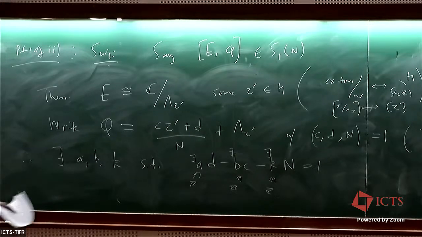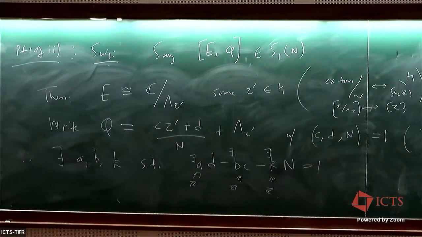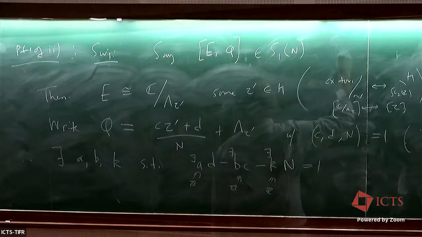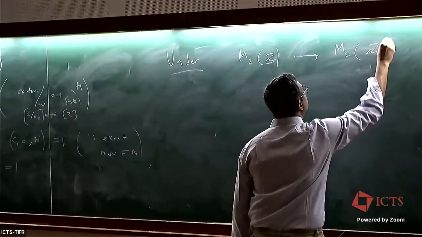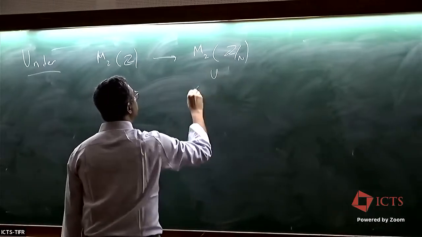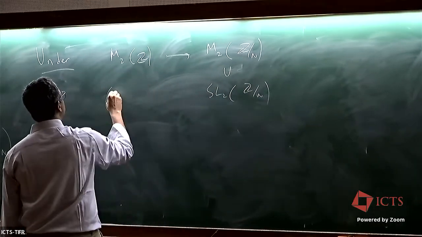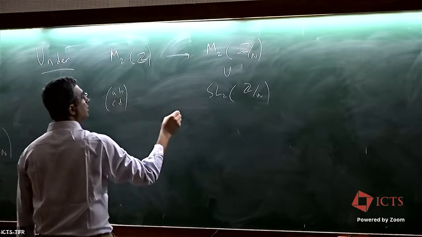All right, so how does one use this relation? So under the map from M2 of Z to M2 of Z mod n, we see that the matrix ABCD winds up in SL2Z mod n. Right?